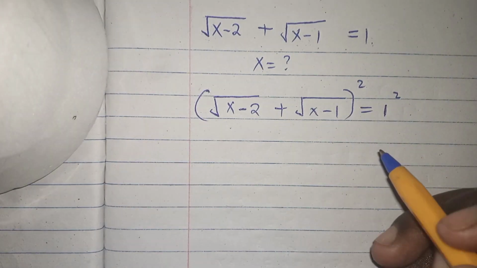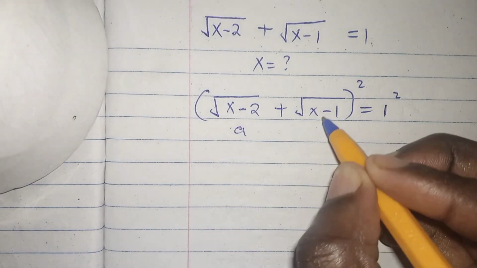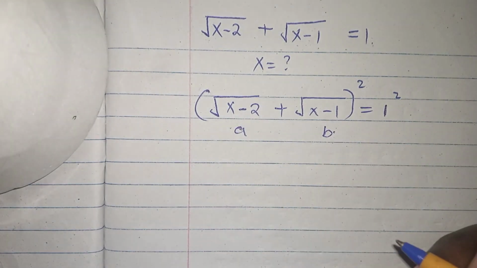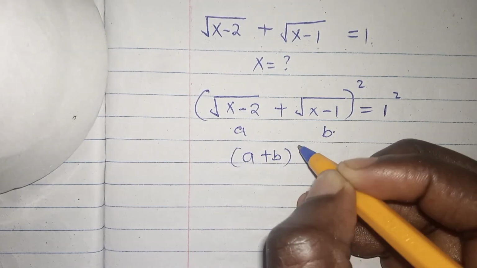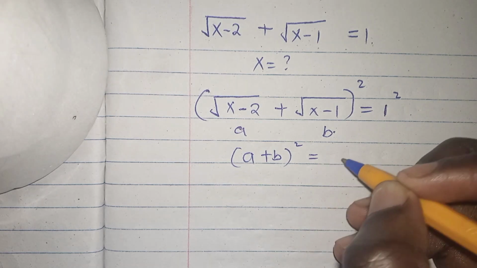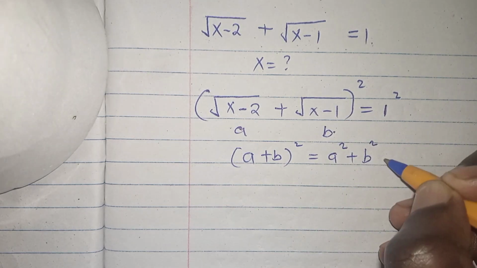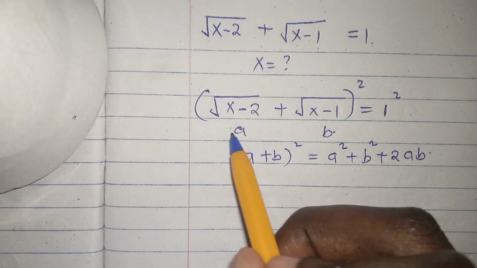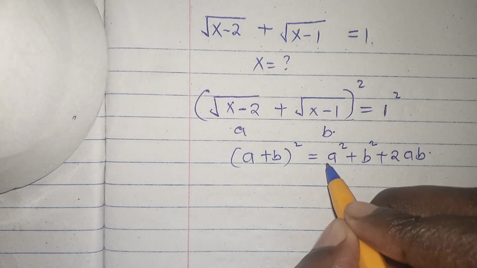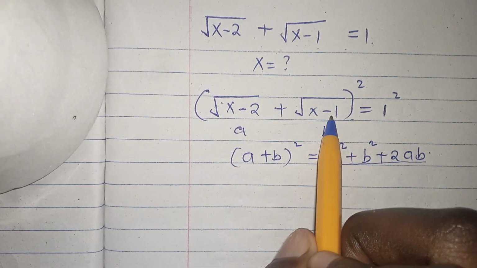Our next step, we shall label this as our a and this as our b. So (a plus b) squared, we can write as a squared plus b squared plus 2ab. So we are going to express this in this form, where this is our a and this is our b.